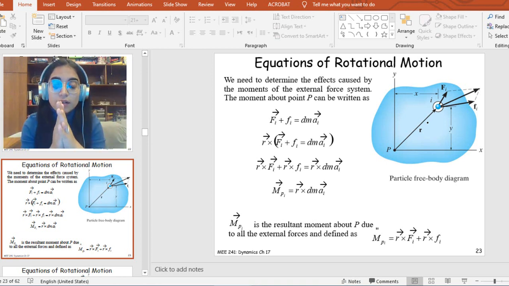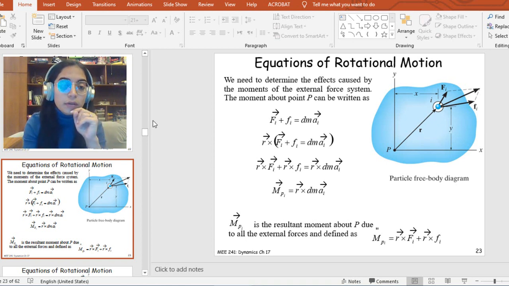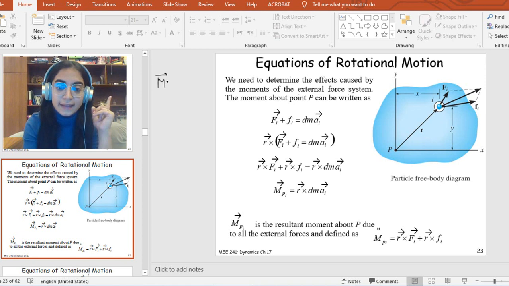If I want to do this, guys, I want you to remember that the equation of moment in vector form from statics is always equal to r cross F, correct? So don't forget this equation.